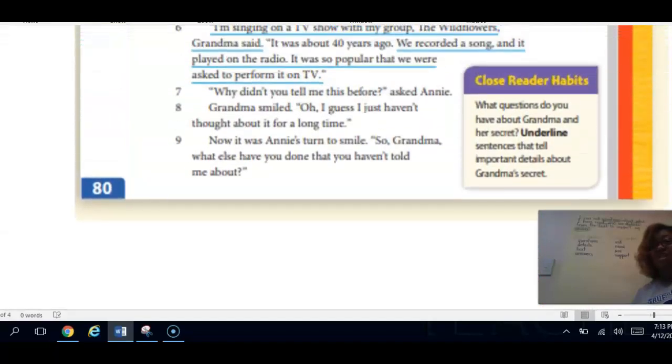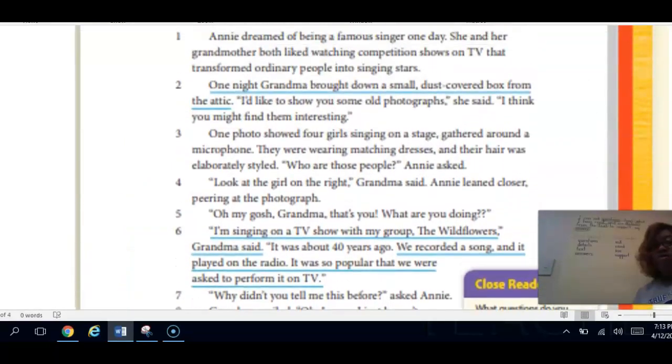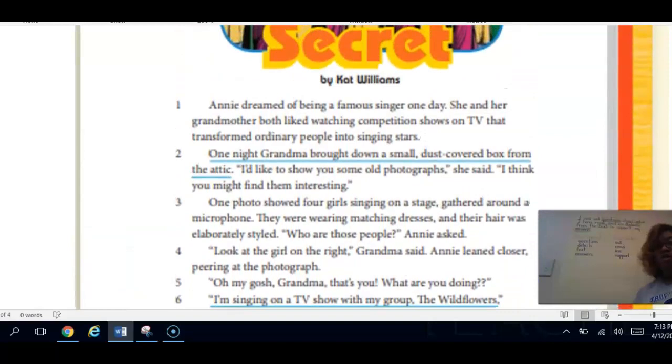I think this might be one of those questions. So I want you to independently read the first paragraph and see if you can find the answer to the question, what one thing did Annie and her grandmother have in common?